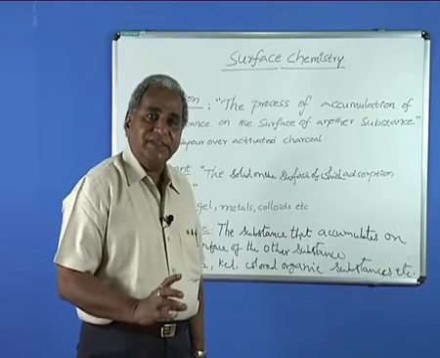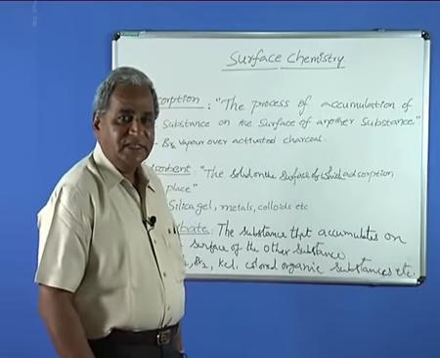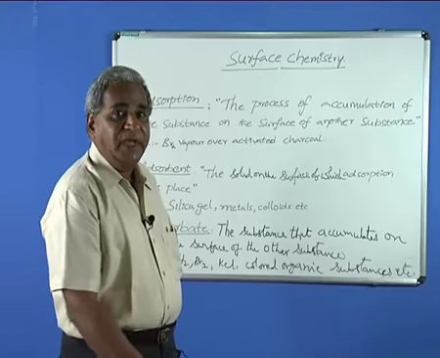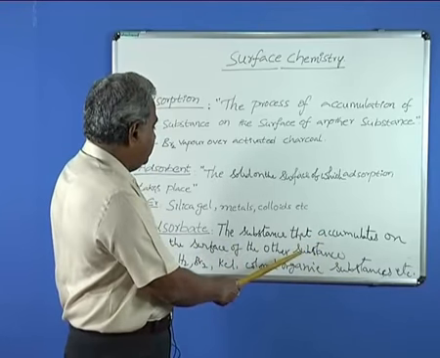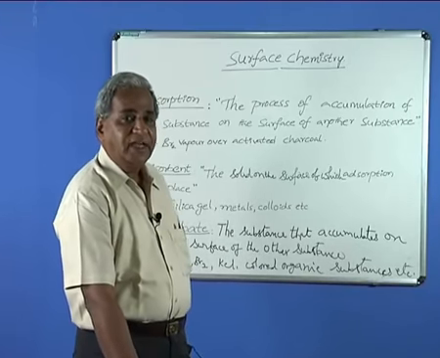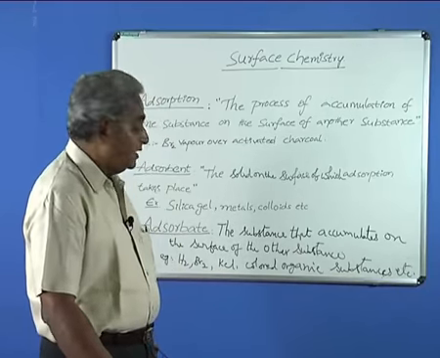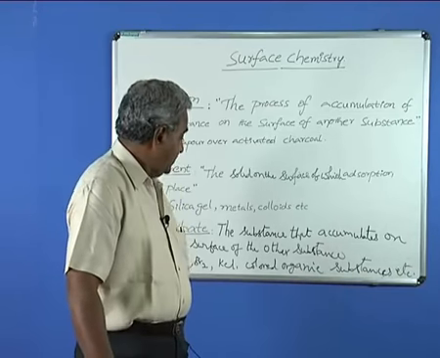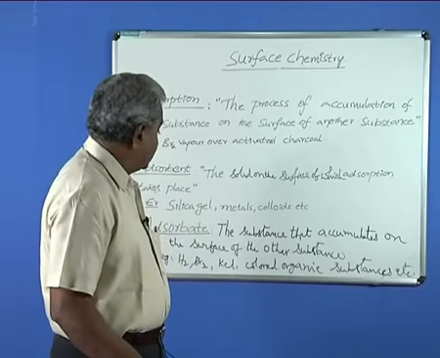The substance which gets adsorbed on the surface of the other substance, here bromine, is called the adsorbate. Not only bromine, you can have different other substances. They may be gases like bromine, hydrogen, or even solids like KCl from KCl solution, or some liquids also we can find as adsorbates.